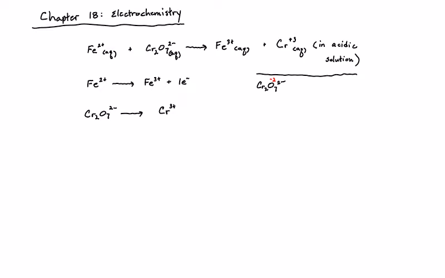So here we have 2 chromiums, so we're going to put a 2 Cr plus 7 times the oxidation state of oxygen, which is -2, is going to have to add up to -2. Okay, so 2 times the oxidation state of chromium minus 14 equals -2.